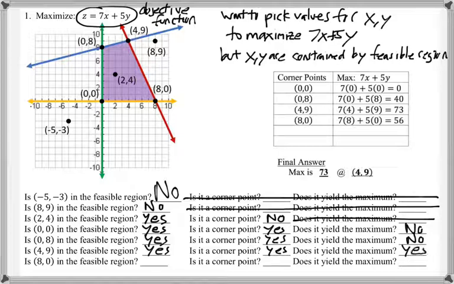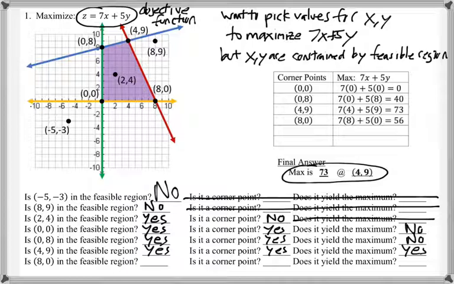So yes. So the maximum is 73 at 4, 9. So 73 is the highest that the objective function can go. So that would be our answer, but I do want to finish the question about 8, 0.